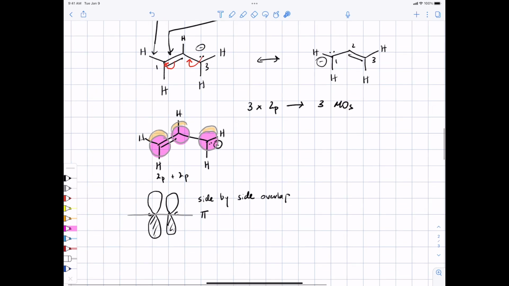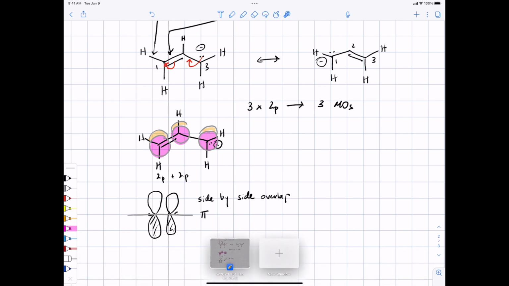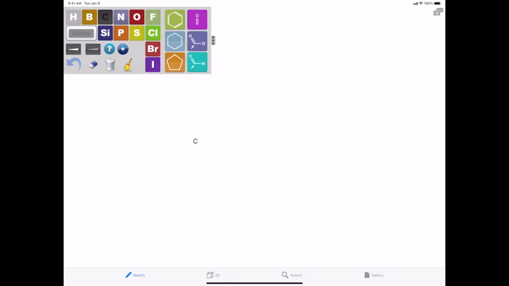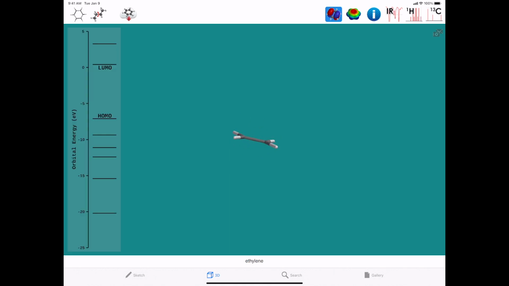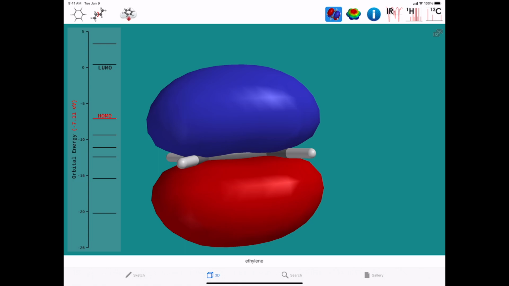Let me show you what a pi bond actually looks like. All right, so here is our flat trigonal planar molecule. I'm going to show you the pi bond. This comes from side-by-side overlap of 2 p orbitals.